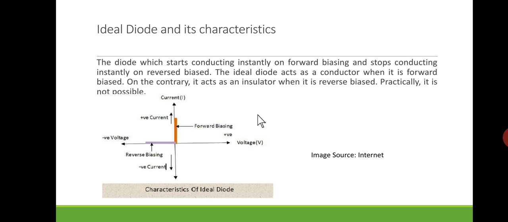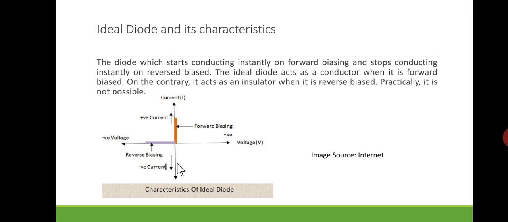That means there is no loss in the current. And when it is reverse biased, it is a full insulator, no conduction. In the forward bias there are no losses, in the reverse bias there is no conduction. It perfectly acts as an insulator.